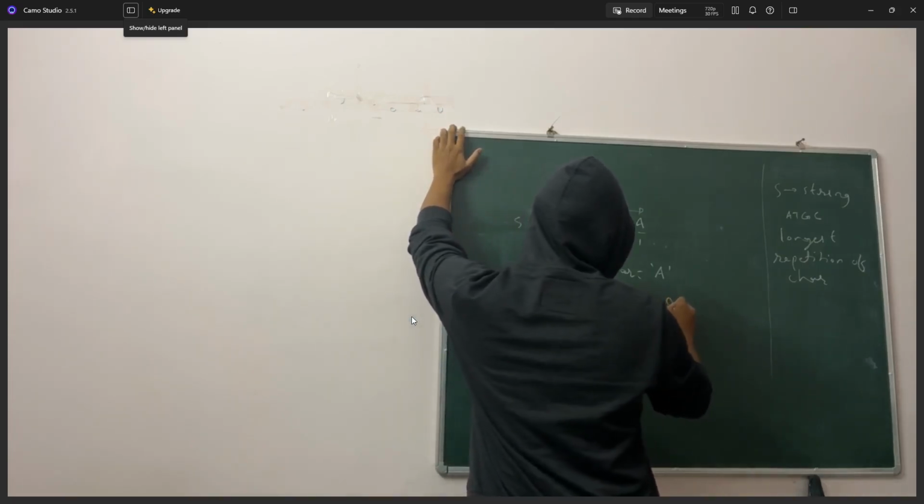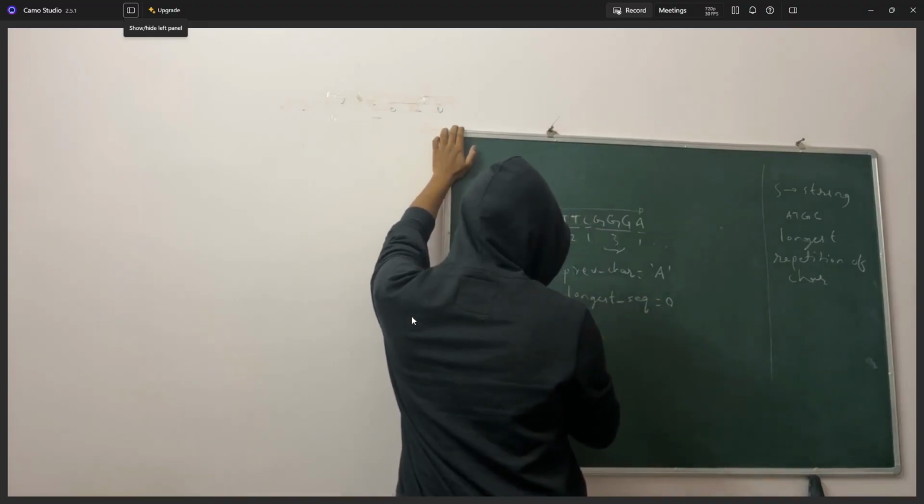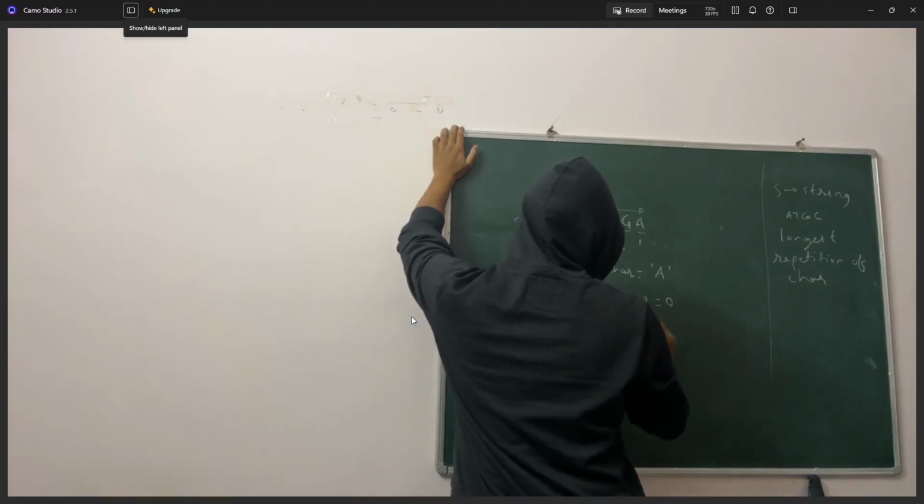Initially let it be 0, and then we check the normal sequence length, which is also initially 0.